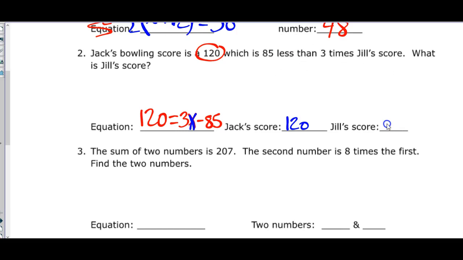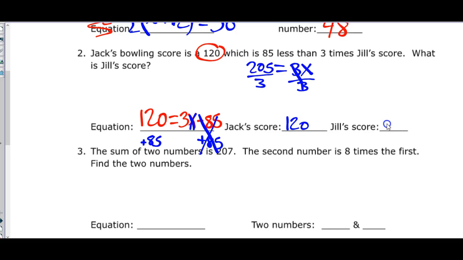So to solve for x, I'm going to add 85 to both sides. 205 is equal to 3x. I don't have a calculator, but I'm going to divide by 3 to both sides. Somebody created a terrible problem because this bowling score is not going to be a whole number.